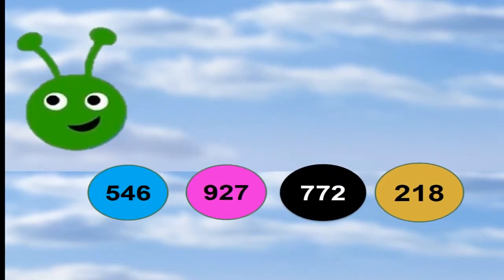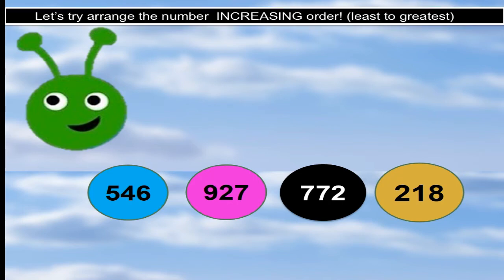Let's help this caterpillar in finding its body by arranging the numbers in increasing order, or from least to greatest. So we have 546, 927, 772, and 218. The first step is we need to compare the digits in the highest value.